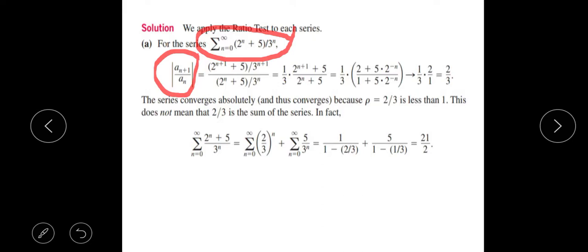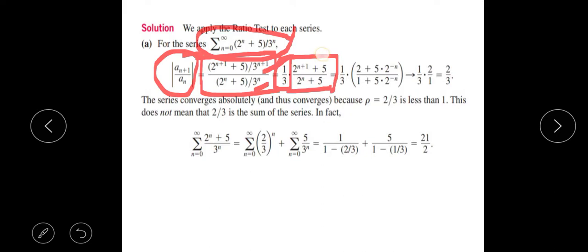If you calculate this, you simply put the corresponding expression of an plus 1 and an, and you see here is 3 raised to n plus 1 and here is 3 raised to n, and after simplification you will get simply 1 by 3 for this, and the other expression will remain the same.